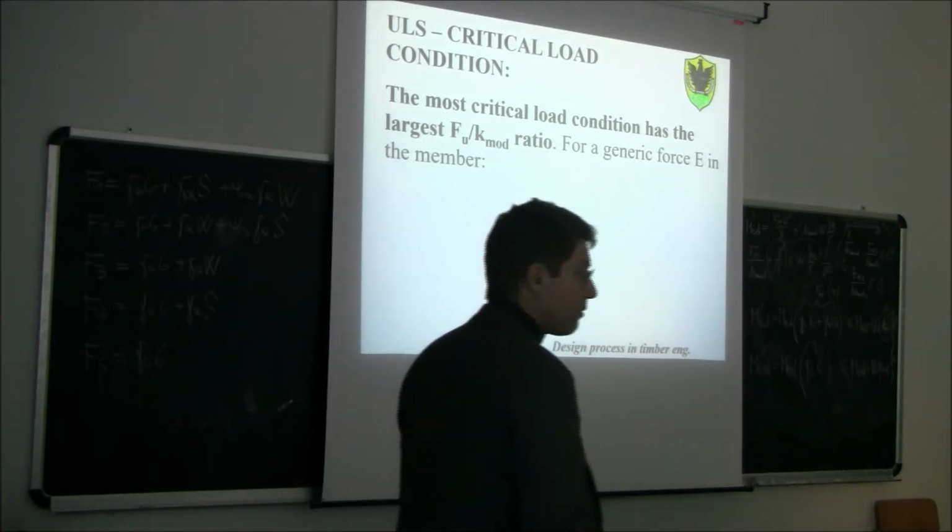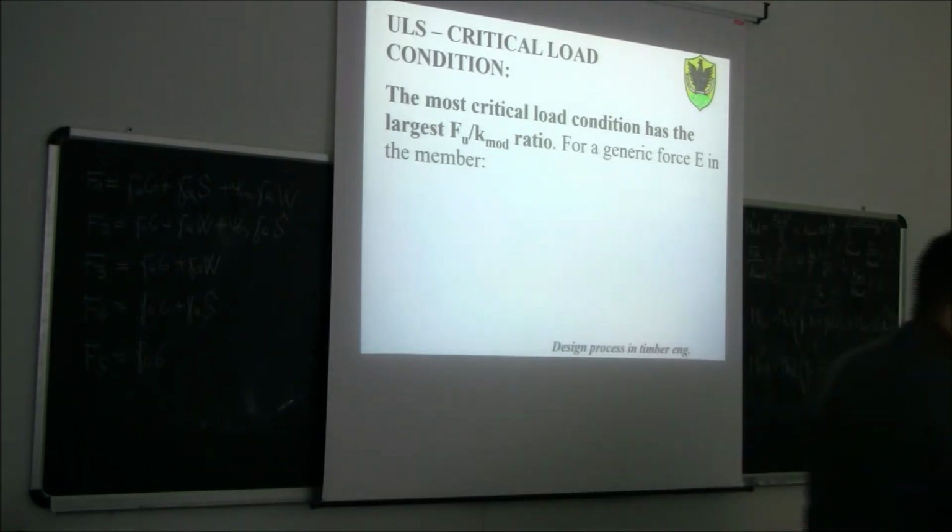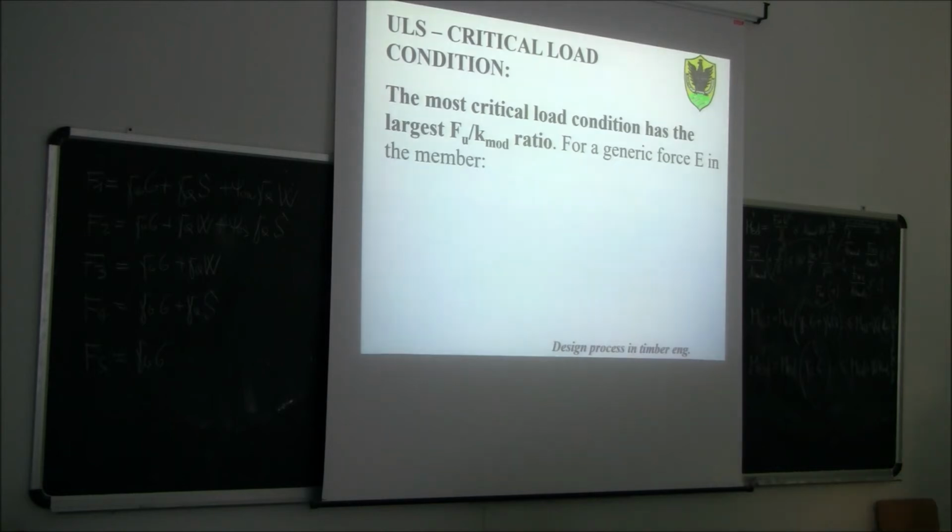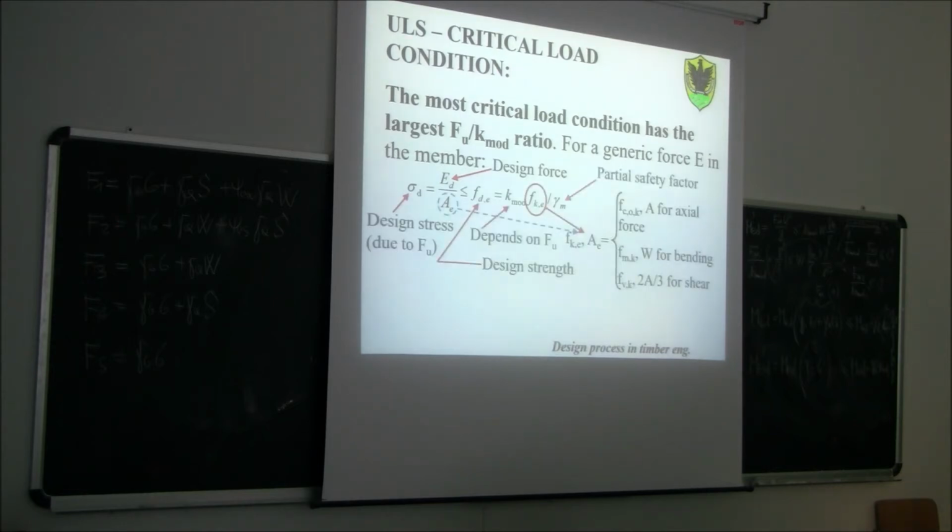As we said before, now that we know the trick, we understood we don't need to do all the verifications. We just need to calculate the 5 load combination values, calculate the k mod value, and then do the ratio. Of course, this is true for any kind of verification: for bending, for axial force, for shear, and so on.